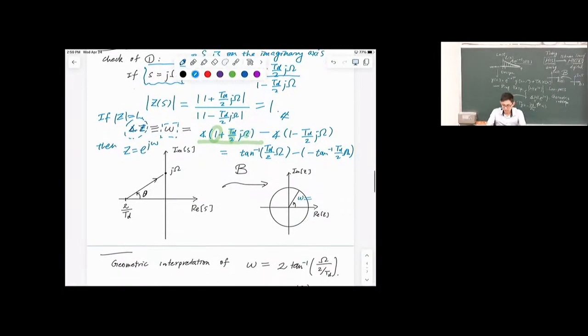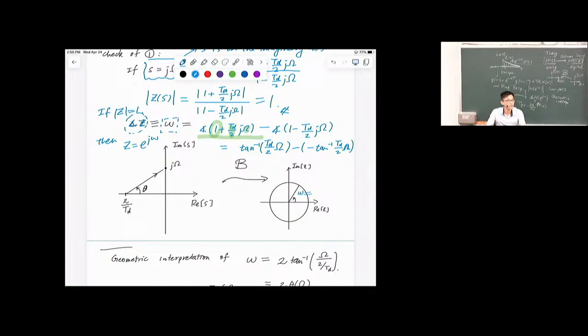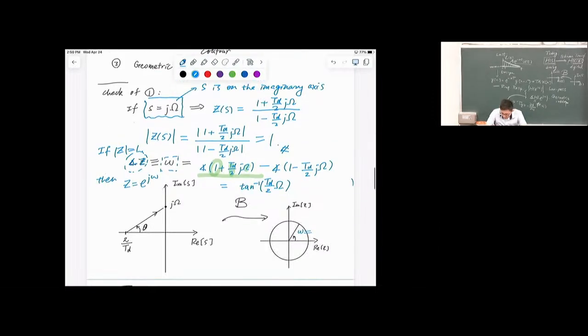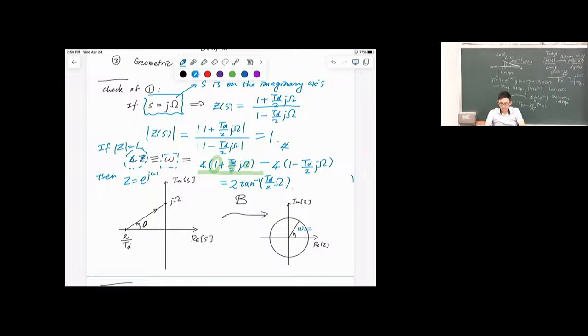Are you all with me so far? I'm going to just be lazy and erase this, and it turns out that there's a factor of 2 in front. This is 2, not z. Let me make it better. So that describes a mapping from the imaginary axis to the unit circle.